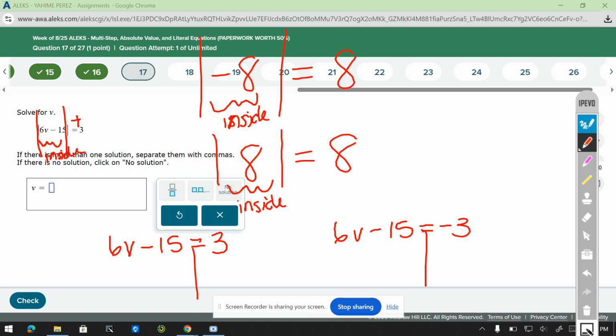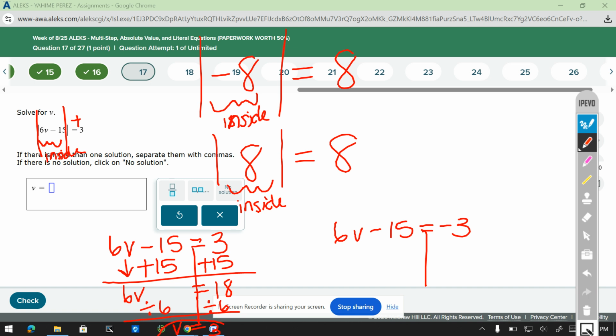We're going to solve both of these equations, and both of these solutions will be true, and I'll show you why. Looking at 6b minus 15 equals 3, this is a two-step equation. I want to get b alone, so I'm going to add 15 to both sides. And to get rid of the multiplication of 6, I'm going to divide by 6. So 18 divided by 6 is 3.